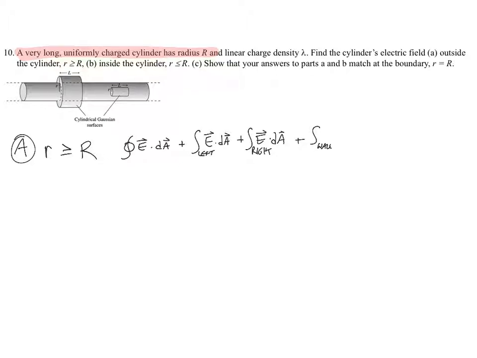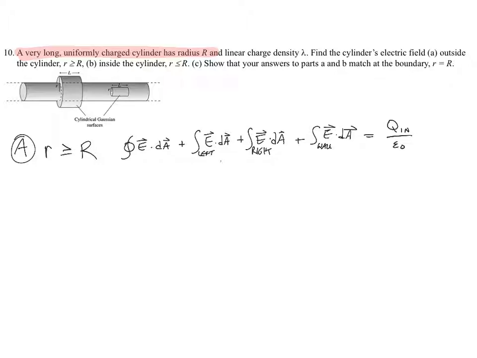But the wall, because everything's moving radially outward just like it was last time when it was tipped up vertically, okay? And all of that, according to Gauss's law, would be the Q inside of the Gaussian surface per epsilon naught.